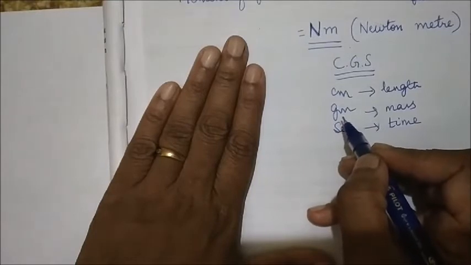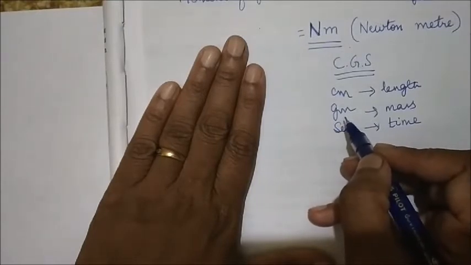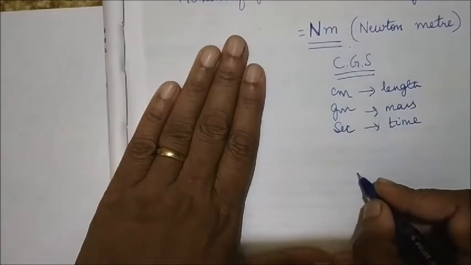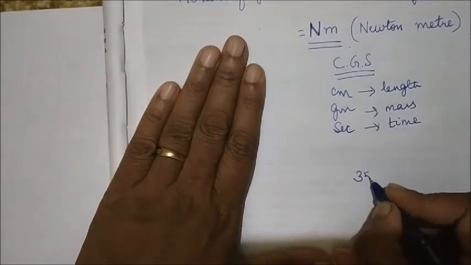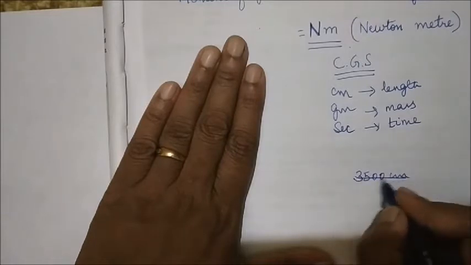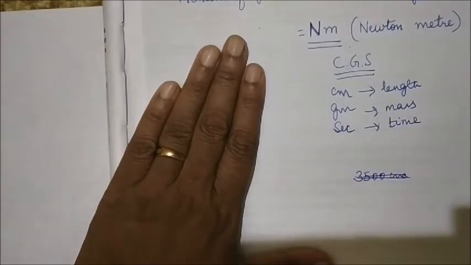If I have to say the distance between our school and the main road in centimeter, it will be 3500 centimeter. Suppose I have to talk about the distance between Earth and Moon, in centimeter it will be very huge.